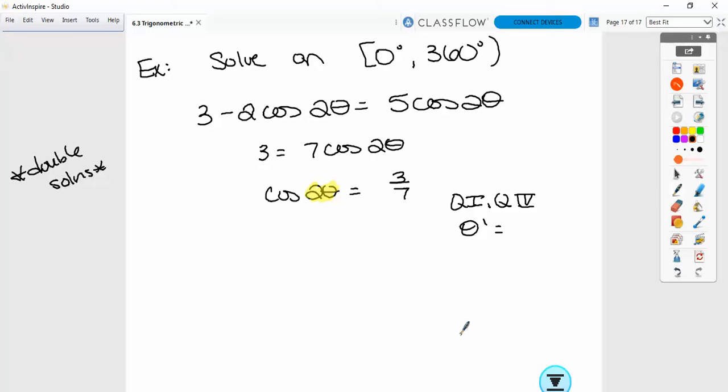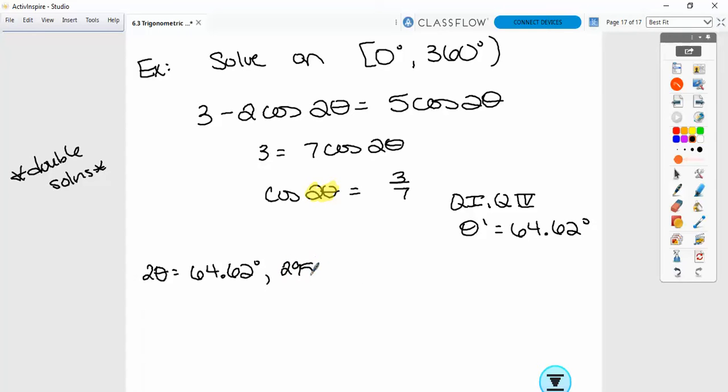And then we do cosine inverse of 3/7. So in quadrant 1, our angle is the same as the reference angle, so 64.62 degrees. How would you put that in quadrant 4? 360 minus.